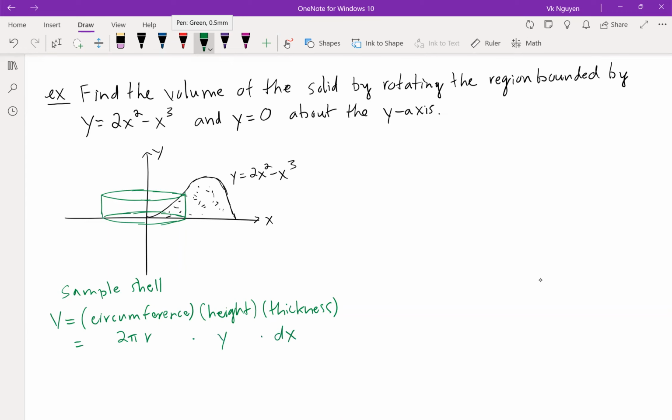We're going to integrate with respect to x, so the integrand must be in terms of x. If you look closely at the radius, this is the radius right here. It's x. So 2 pi x. The height is y. We know y is 2x squared minus x to the 3.